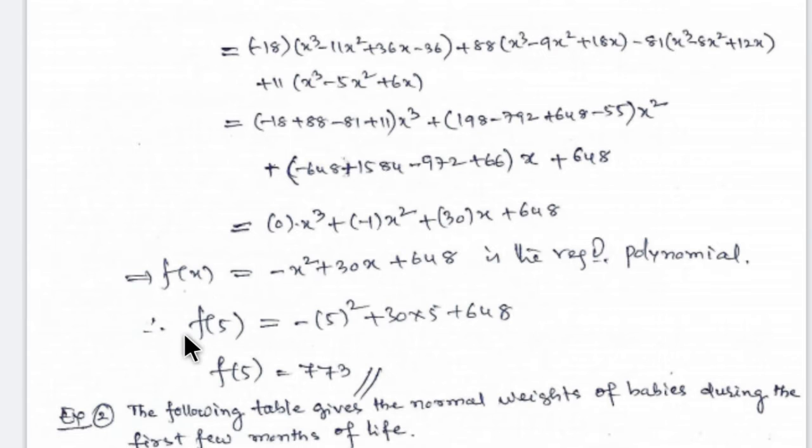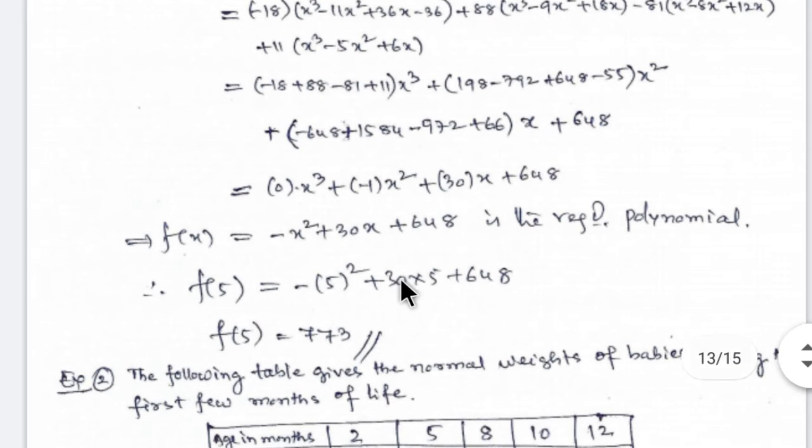If they asked f of 5, put x equal to 5 here, both sides. f of 5 equal to minus 5 square plus 30 into 5 plus 648. Simplifying this, you get f of 5 value is 773.